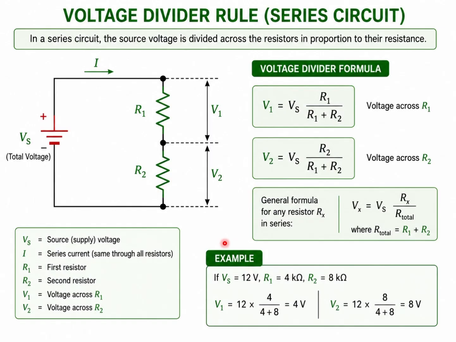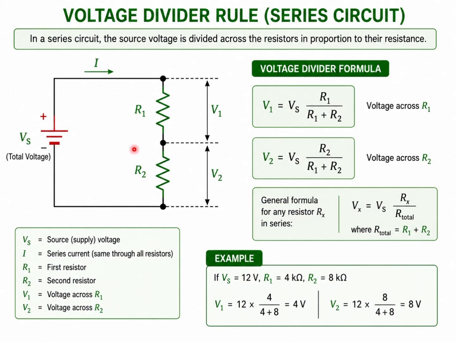Let's get into it. So now, this is a sample circuit explaining the rules. Here we have R1, the voltage across R1 is V1. We have R2, the voltage across R2 is V2. And we have Vs, which is the total source voltage, right?